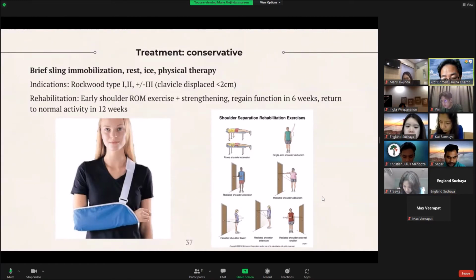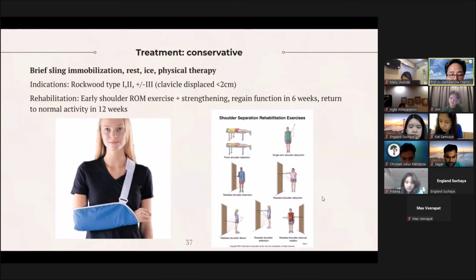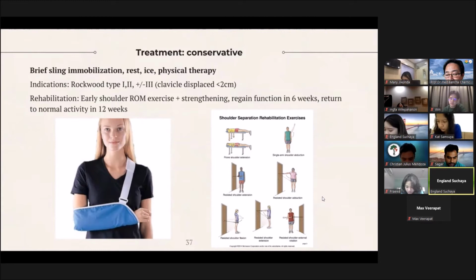You understand my questions? So your question is whether we have to reduce it, right? Yes, because it's a joint dislocation. Is the reduction needed? I'm not quite sure. Okay, who can answer that?